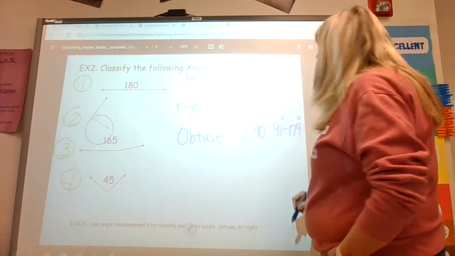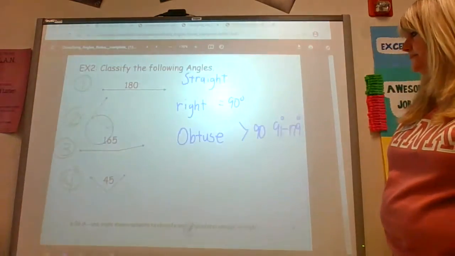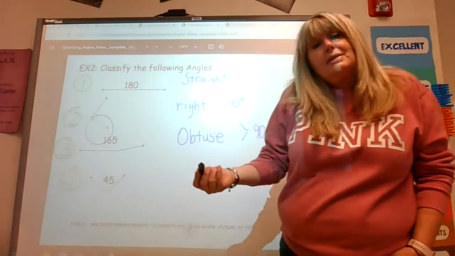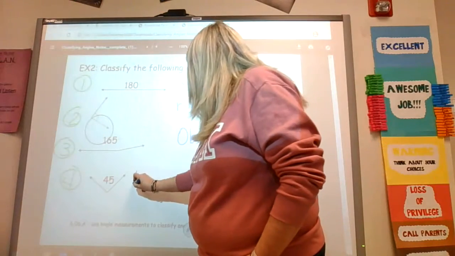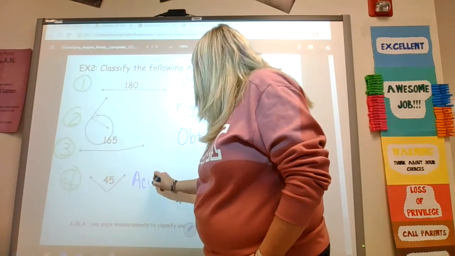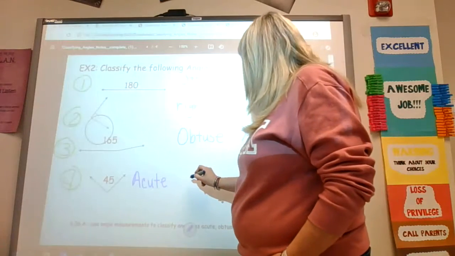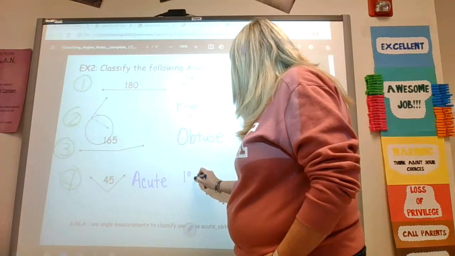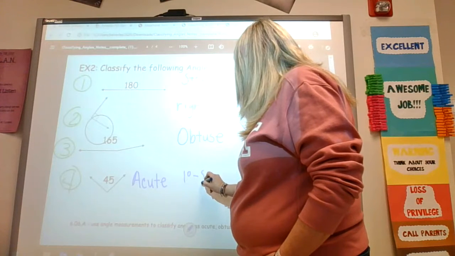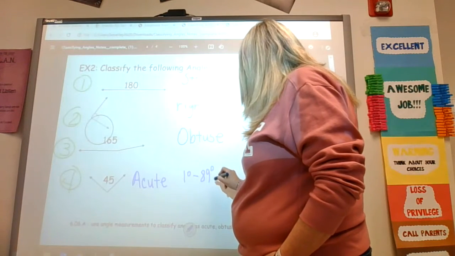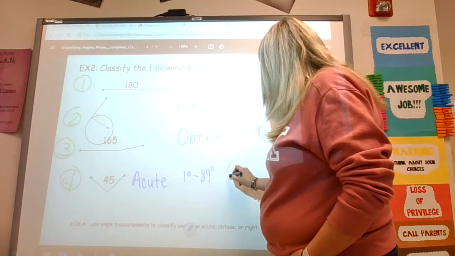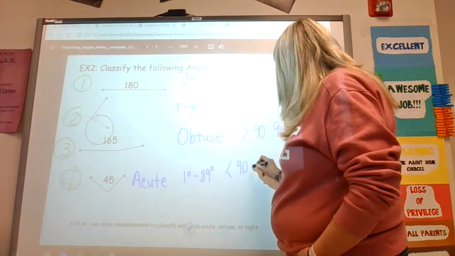And that leaves the last one. And if you put acute, for that cute little angle, it is between 1 degree and 89 degrees, and it's less than 90 degrees.